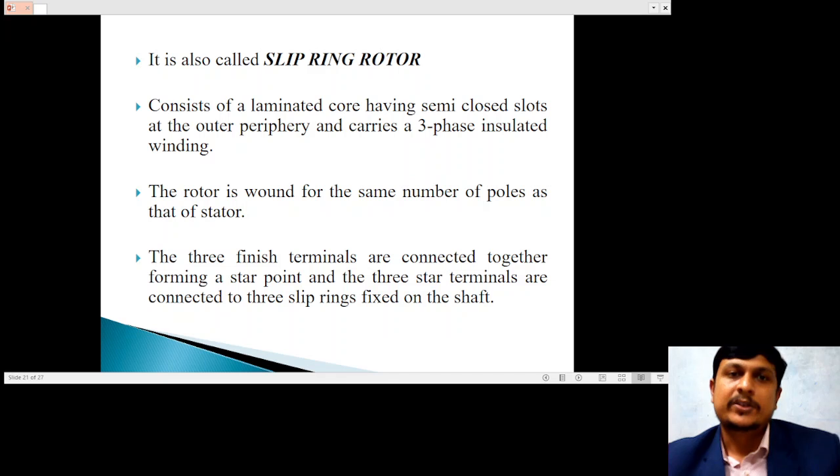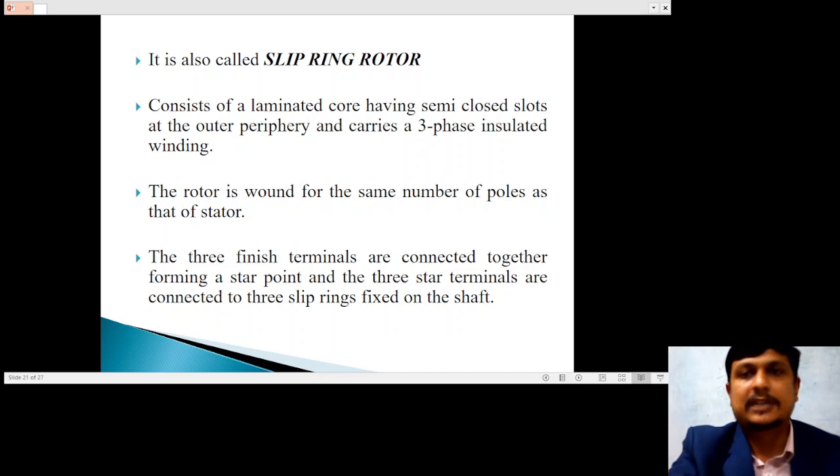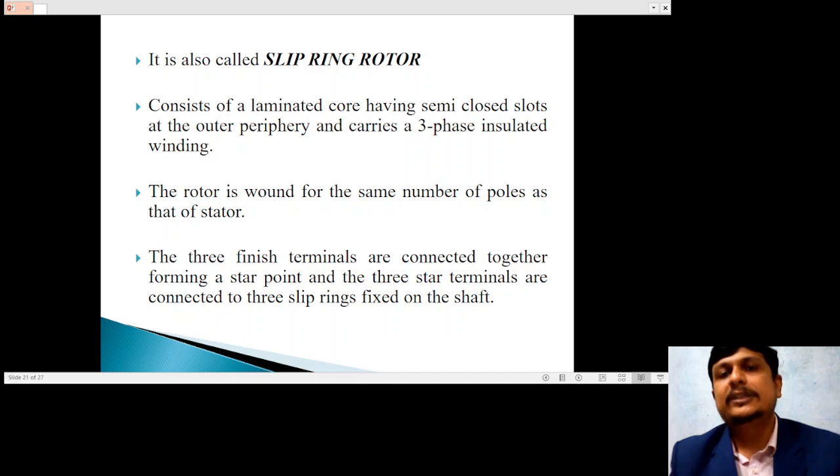It consists of a laminated core having semi-closed slots on the outer periphery, and carries a three-phase insulated winding, what we have observed in previous slides. The rotor is wound for the same number of poles as the stator, as we have already discussed.